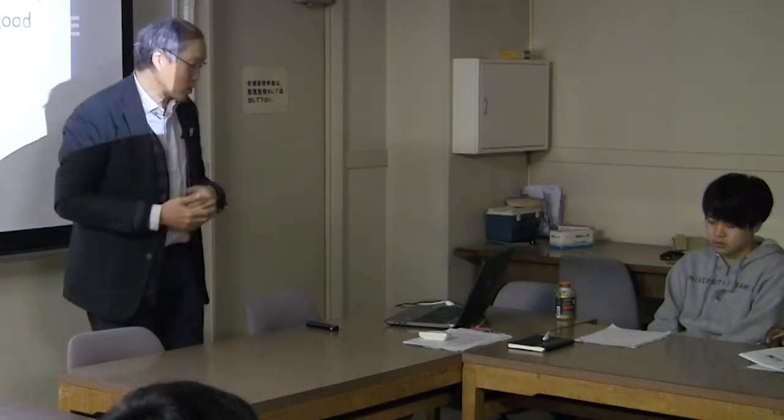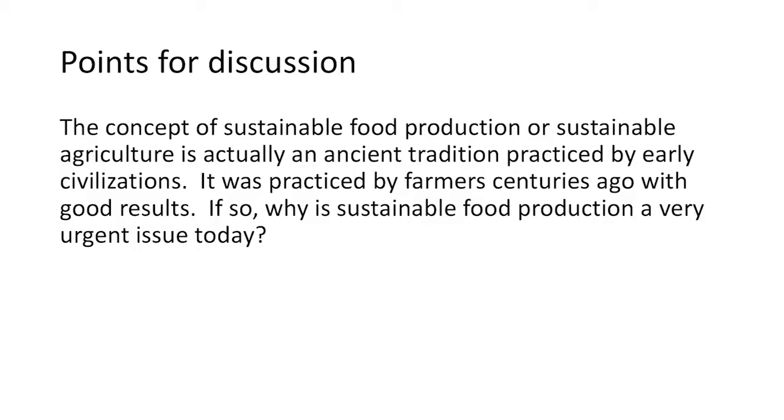I didn't want to go into the detail because we don't have a lot of time. So anyway, I will throw this question to the class. I've been saying all along that ever since the time of, this is a picture of Egyptians, 2, 3, 4,000 years ago, whether they know it or not, people were practicing sustainable agriculture, but we didn't have the name.